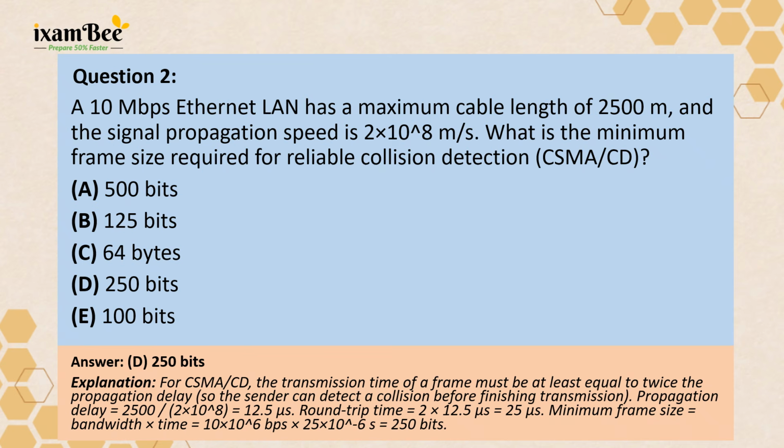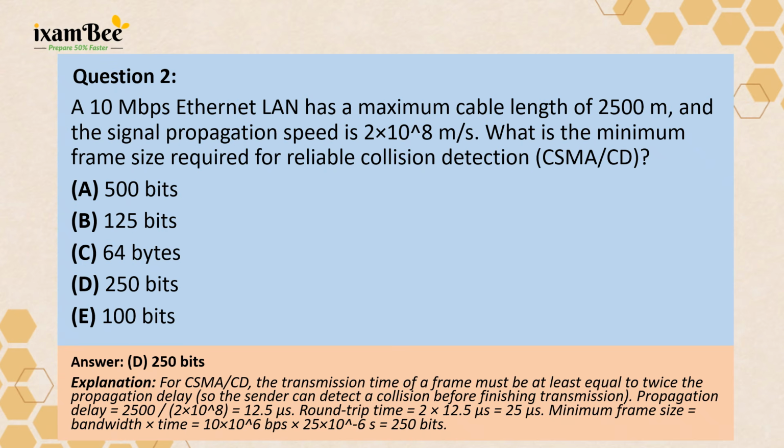For CSMA/CD, the transmission time of a frame must be at least equal to twice the propagation delay, so the sender can detect a collision before finishing transmission. Propagation delay would be calculated as 2500 divided by 2 into 10 raised to power 8, which gives us 12.5 microseconds.